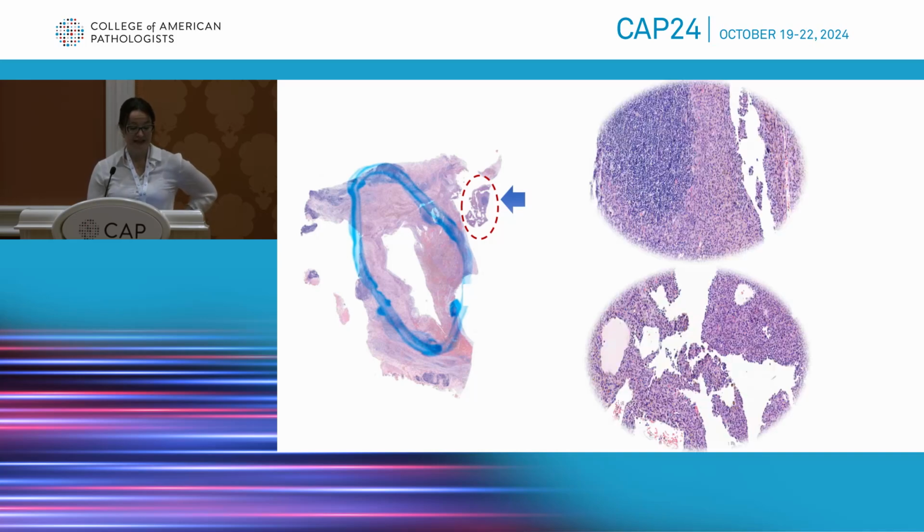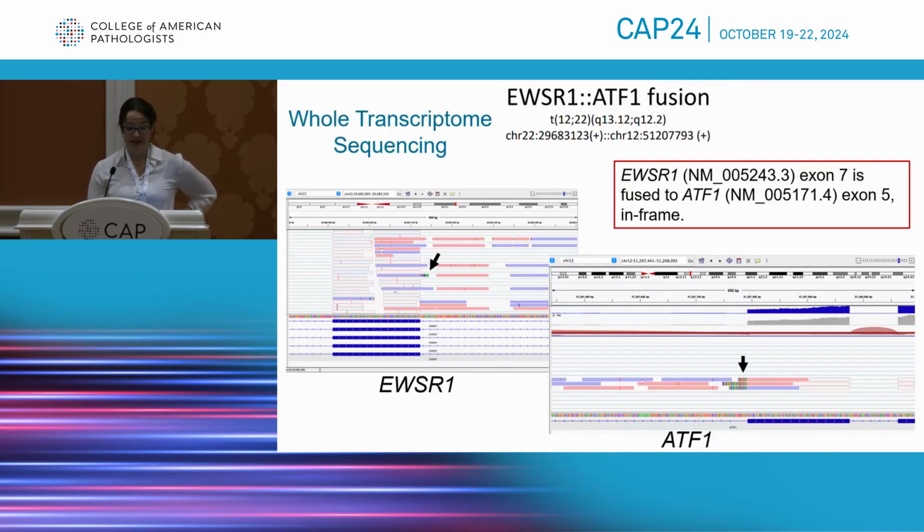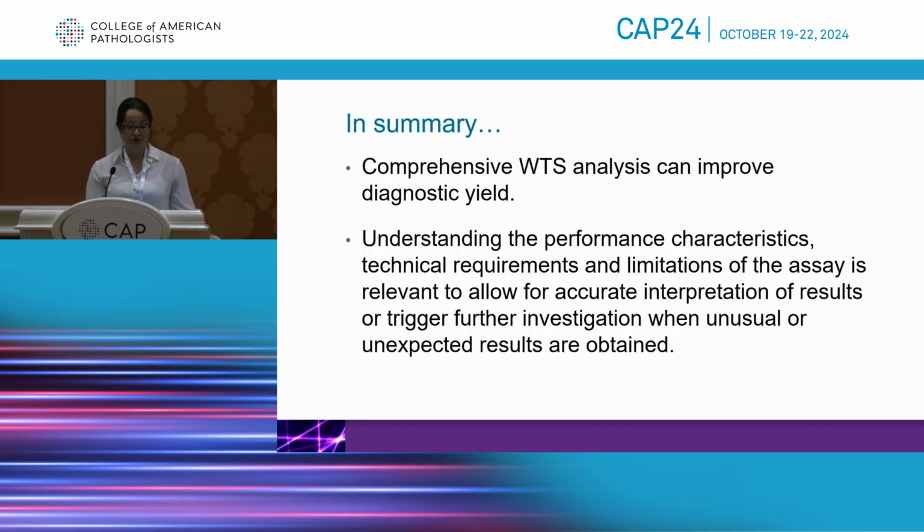And then we selected a different area that was more tumor-rich, and you were able to detect the driver fusion, in this case, between EWSR1 and ATF1. So whole transcriptome sequencing is helpful and can improve the diagnostic yield, but as for every other test, it's really important to understand the technical requirements and limitations, so then when you get your result, it's easier to interpret in light of the entire test and not the result in isolation.